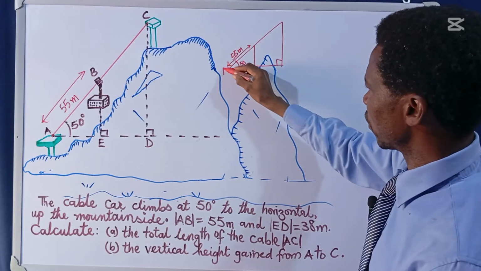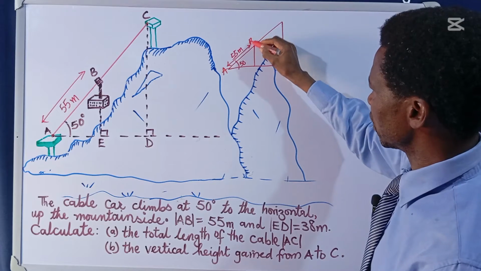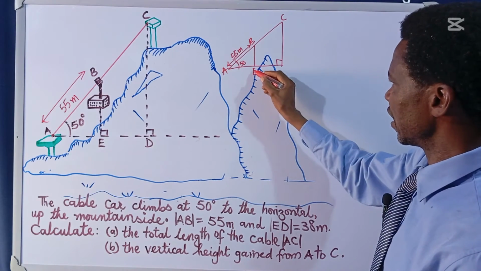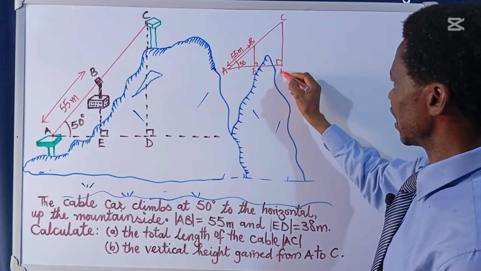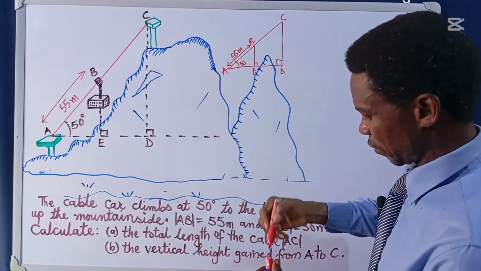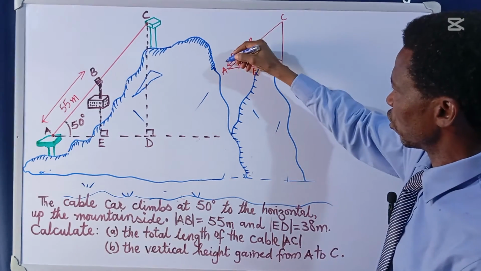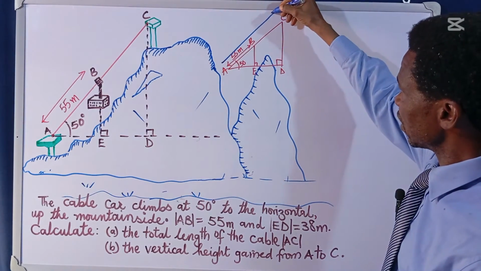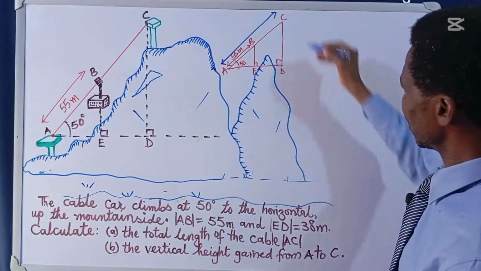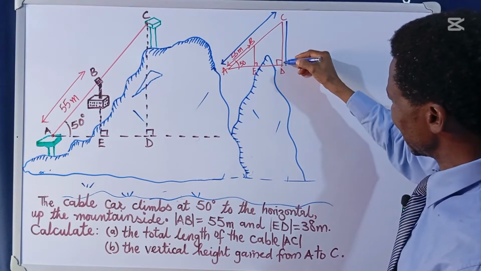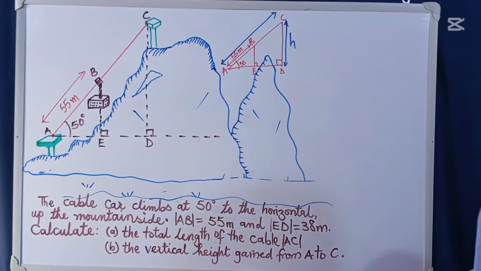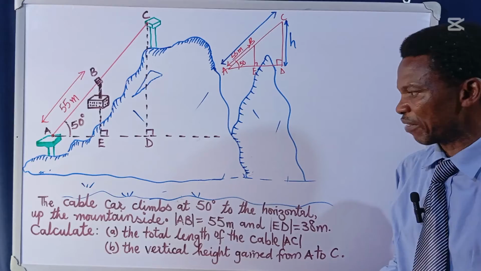We have point A, point B, here is C, here is E, and here is D. The first distance we are looking for is from A to C. And the second thing, we are going to look for this height here. So these are the two distances we are going to find in this video.